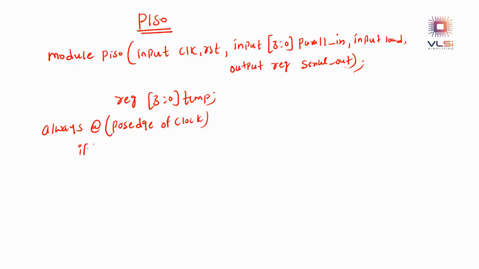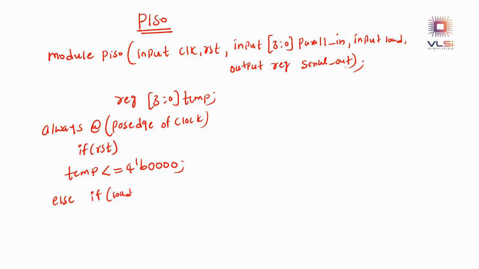So temp value is 4 tick binary 0000. And else if load, okay. Else if load means what? Load equal to 1. So if load equal to 1, you need to load the temp with what data?